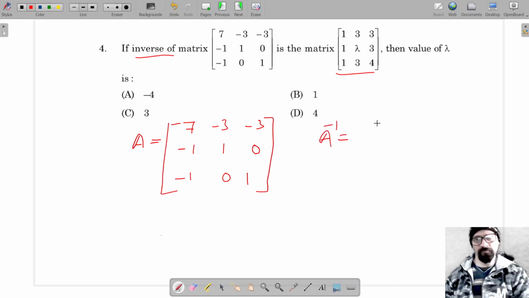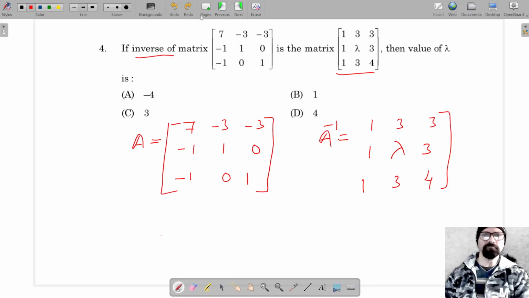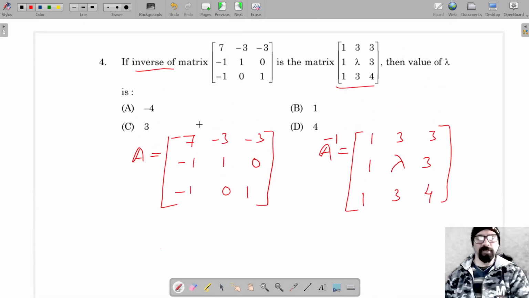So A inverse is [1, 3, 3; 1, lambda, 3; 1, 3, 4]. Now we have to find the value of lambda.